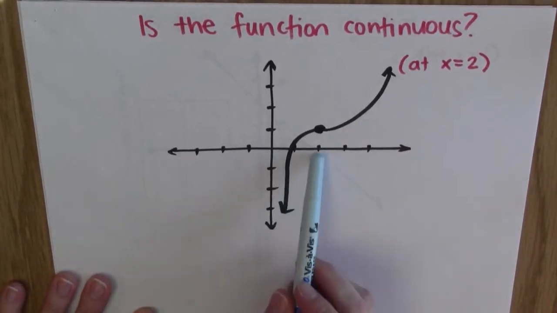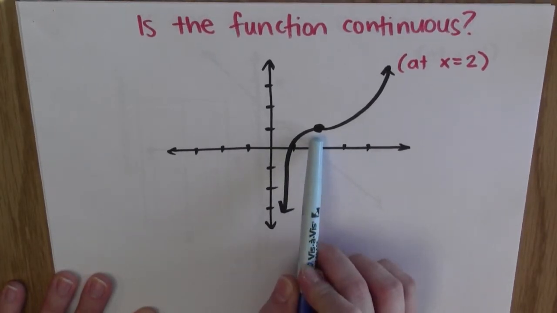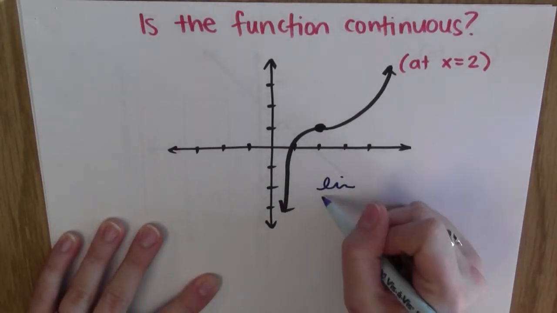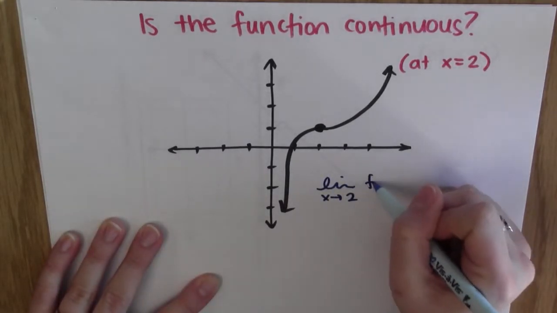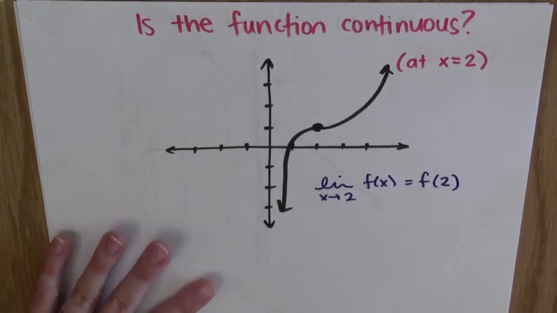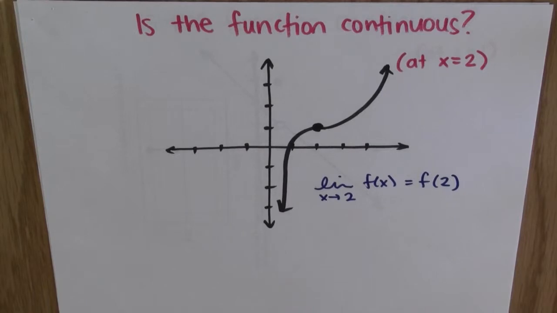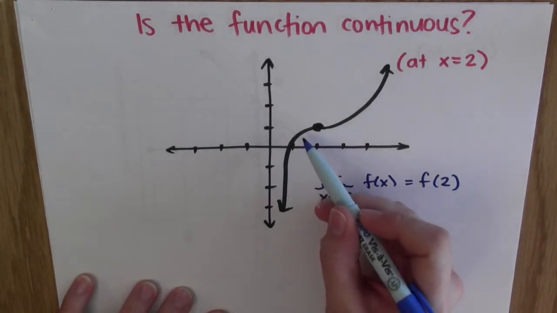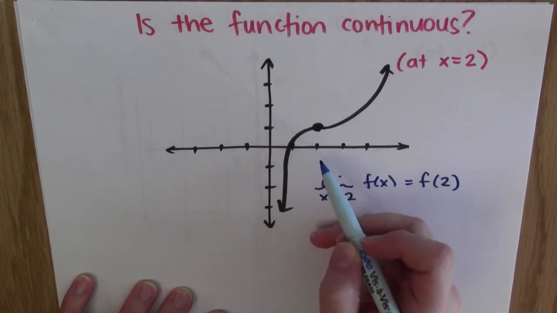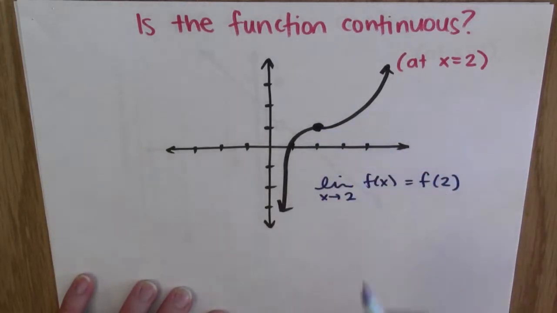So I come over here to x equals 2 and I look at what's happening with the function. We remember that continuity means that the limit as x approaches 2 of the function is in fact the function's value at 2. So I ask myself the question, as I approach along the function x equals 2, am I getting the function's value?